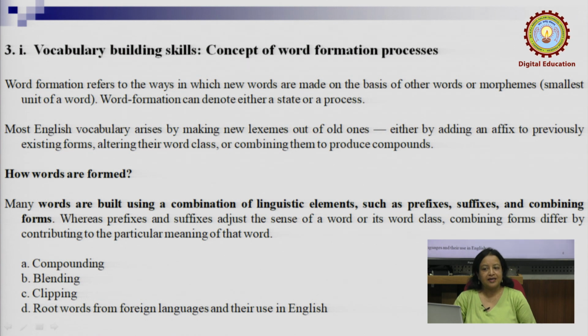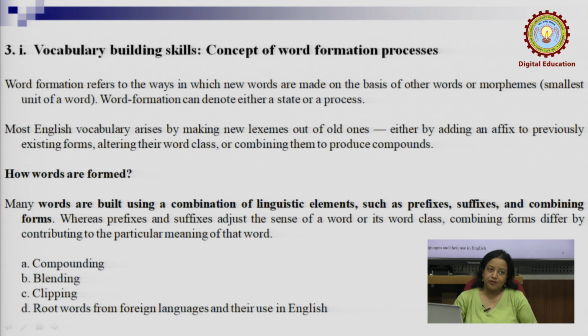Word formation can denote either a state or a process. Most English vocabulary arises by making new lexemes out of the old ones, either by adding an affix to previously existing forms, altering their word class, or combining them to produce compounds.